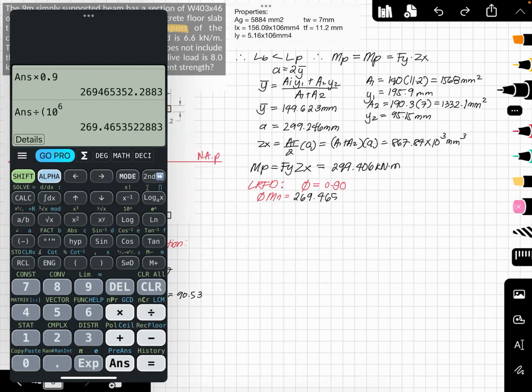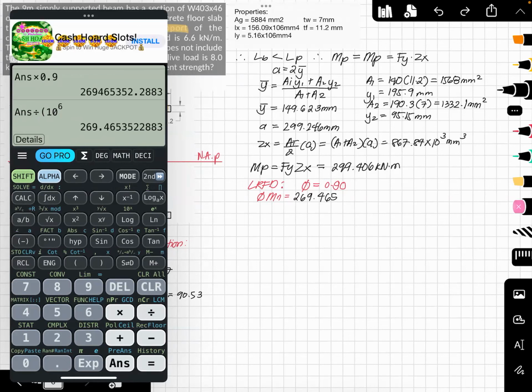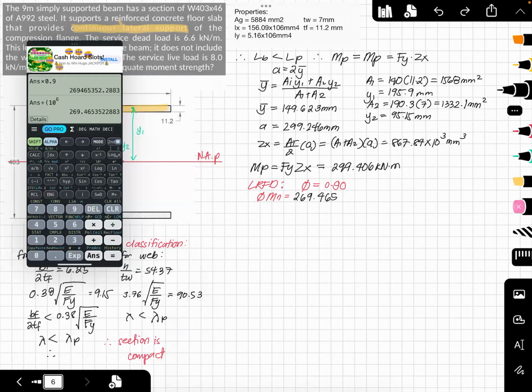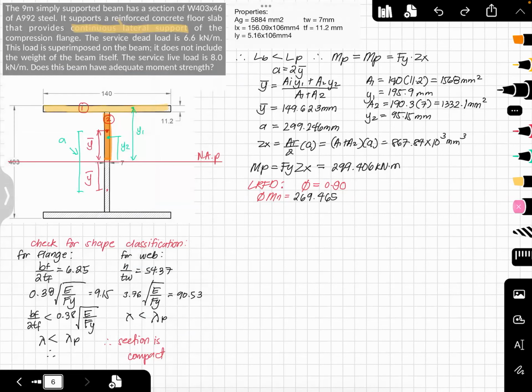Now we are going to compute the actual loading that it will carry based on the given problem. According to the problem, the service dead load is equal to 6.6 kilonewton per meter. It does not include the weight of the beam itself.